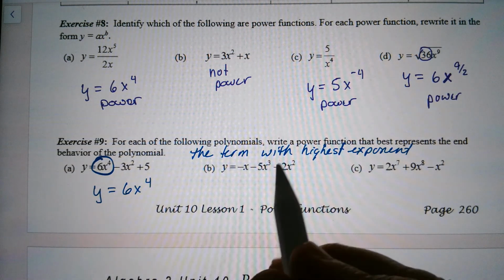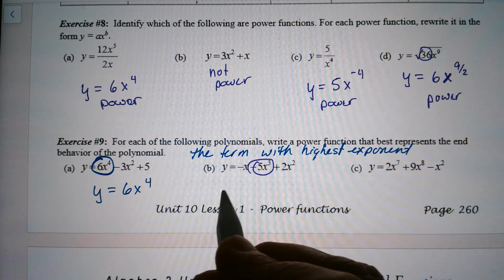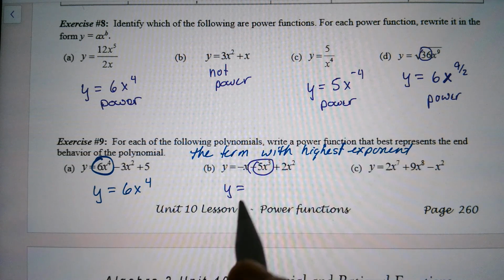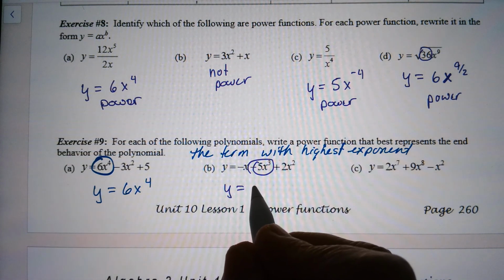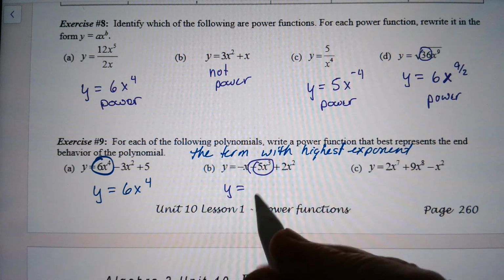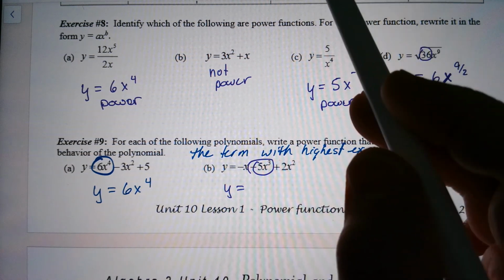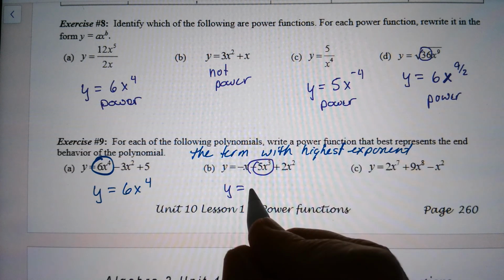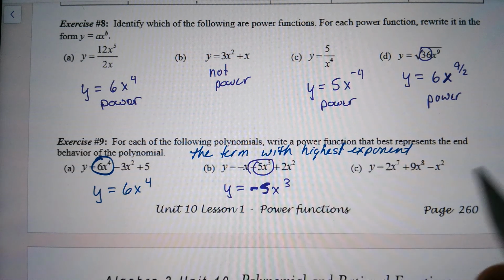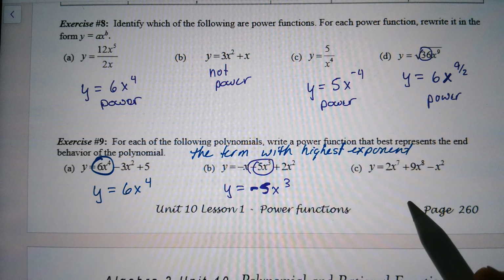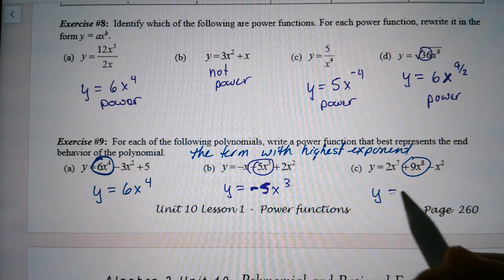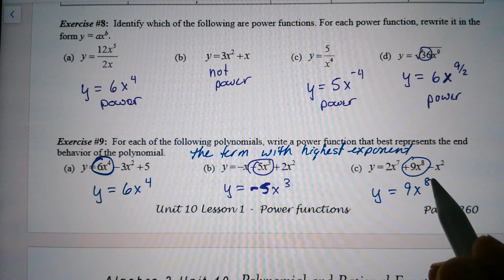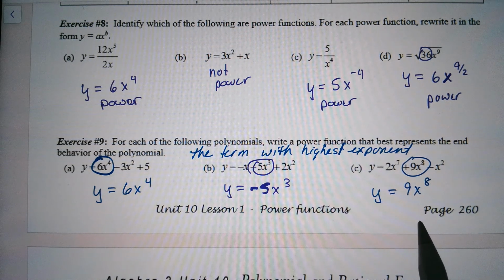B, the term with the highest exponent, so this polynomial function would resemble y equals negative 5x to the power of 3. And the term with the highest exponent, this graph would resemble y equals 9x to the 8th.